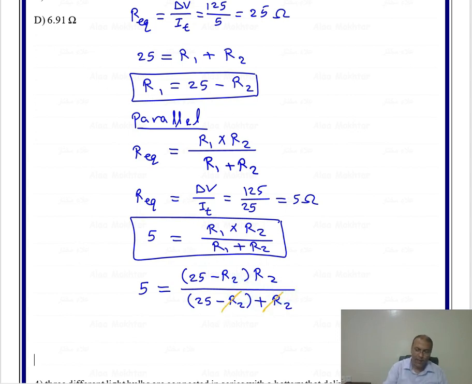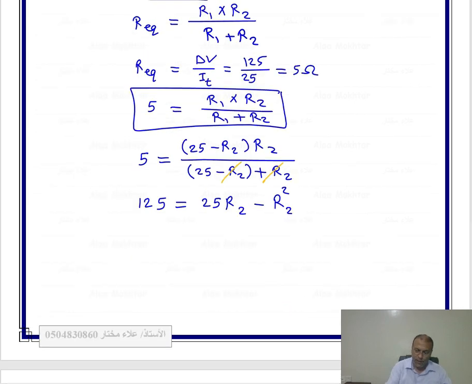Cross multiplication and rearrange the equation. 5 times 25 equal 125. 25 times R2 is 25 R2 minus R2 times R2, R2 squared. Rearrange the equation on the other side: R2 squared minus 25 R2 plus 125 equal to 0.